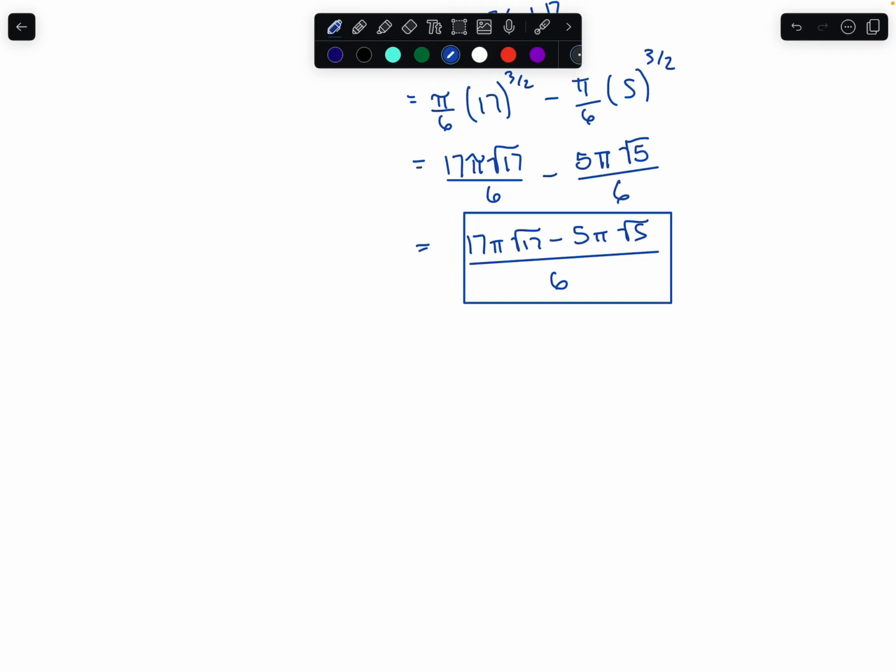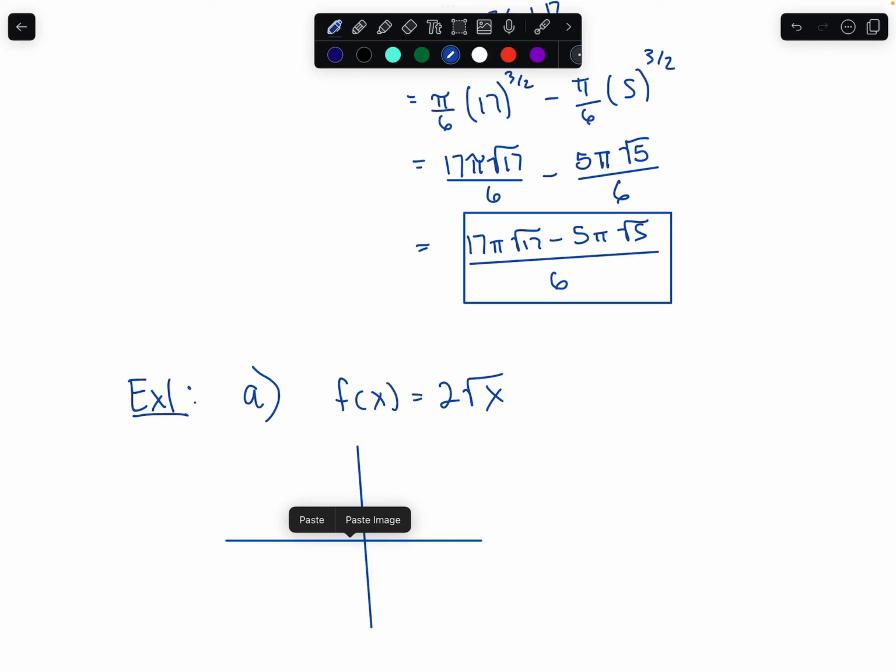But I do want to say this. Sometimes one way is easier than the other. For example, why don't we look at part A? Example 1, part A, if you want to refer to your notes, that was f of x is equal to 2 root x. And this time, we are rotating about the x-axis.